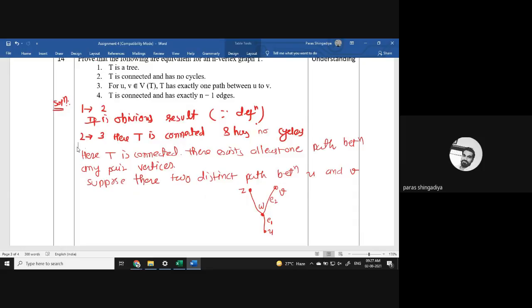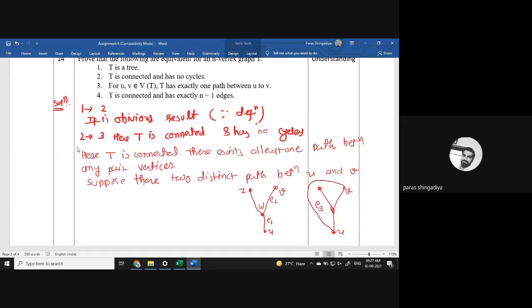और दूसरा path हम draw करते हैं, ठीक है? कोई भी ग्राफ आप ले सकते हो, जो ट्री है, any two vertices U and V mentioned. That is U, it is V. And now consider another path which also connects U and V, and let us say it is E3.